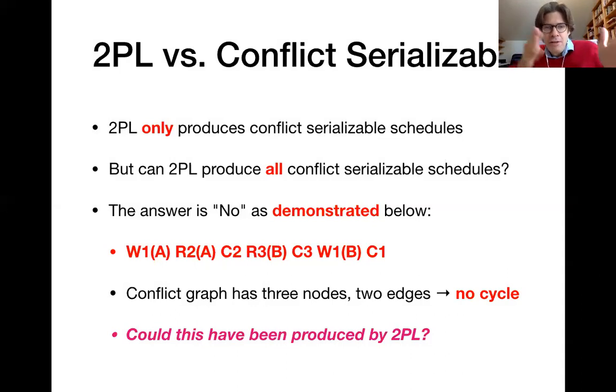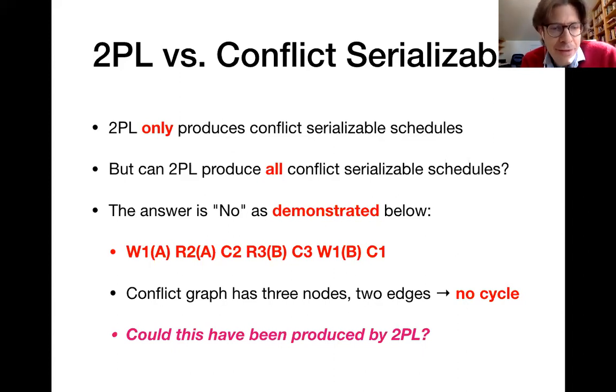So if you think about the lock requests, when transactions acquire locks and release locks, and we focus on transaction 1. The very first operation in the schedule is a write operation by transaction 1 on object A. That means that transaction 1 clearly must have the write lock for object A, otherwise it couldn't write to it.